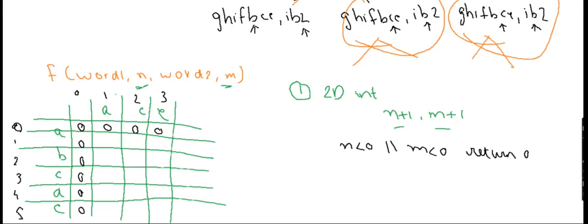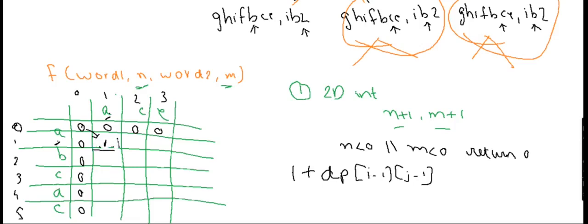So that is our base case. Now when we are in this cell, we need to see whether this character and this character are matching. Yes, they are matching. So what will be the answer? 1 plus, we need to decrement both n and m. So the answer will be dp of i minus 1, j minus 1, which will be 1 plus the value of this cell, which is 0. So the answer here will be 1. The value of this cell will be 1.